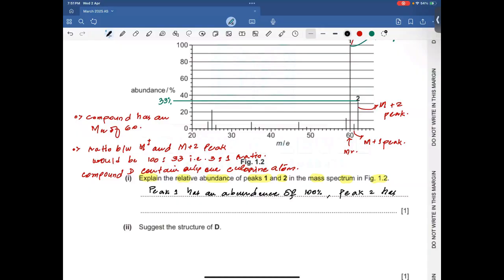Peak 2 has an abundance of 33%. So the ratio between them is 3:1 respectively.